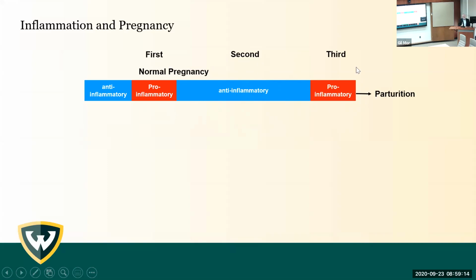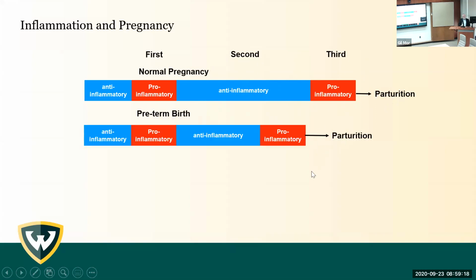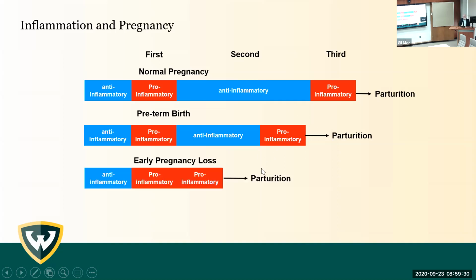And then at the end, you have inflammation that leads to parturition. If the inflammatory process associated with parturition occurs too early, that is preterm birth. The same process at the wrong time, you get a disease.